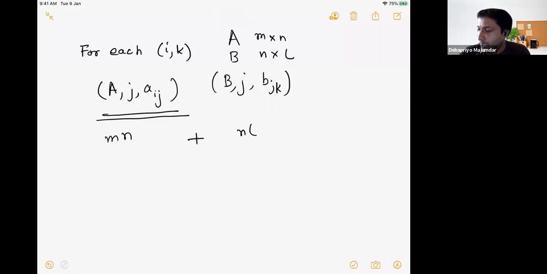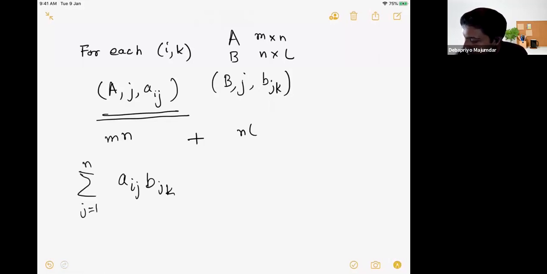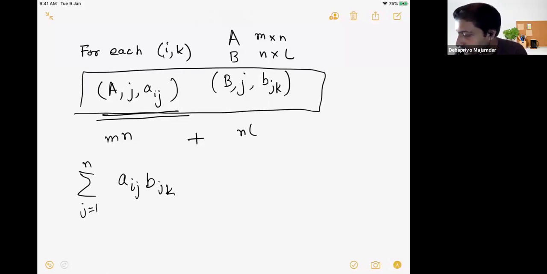Now the point is, ultimately we need to do A_ij times B_jk and sum for j equal to 1 to n. For that, I need to have A_ij and B_jk of the same j together. What we have here is, for the same (i,k), these things, but it's still a huge list of mn plus nl entries.